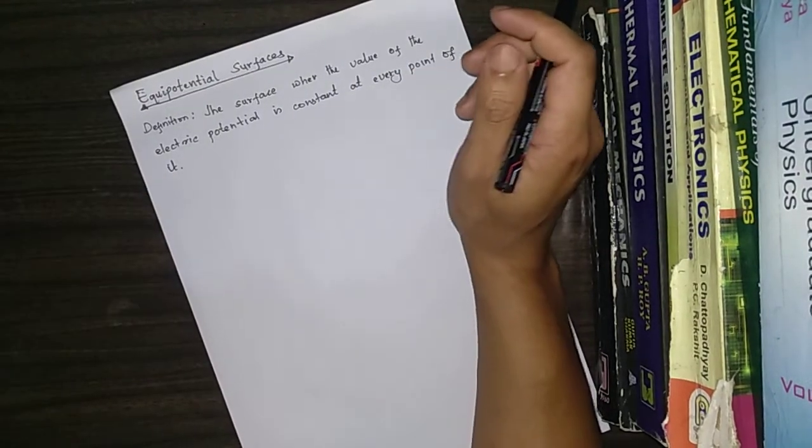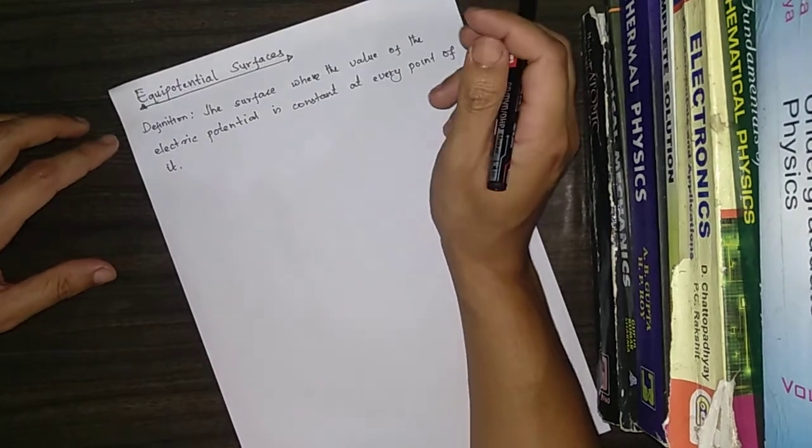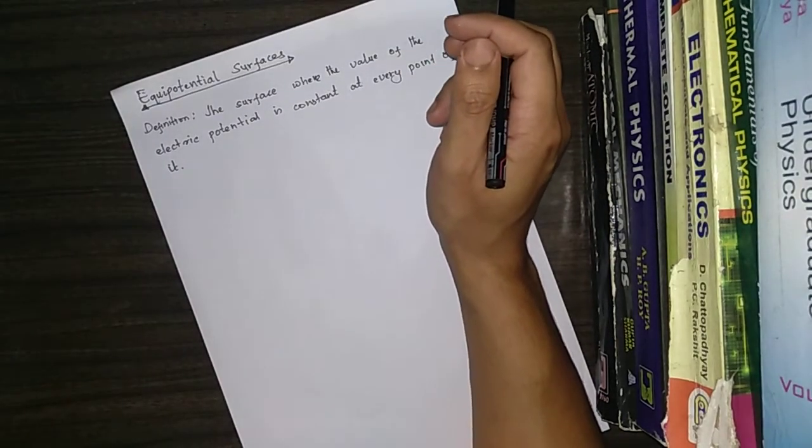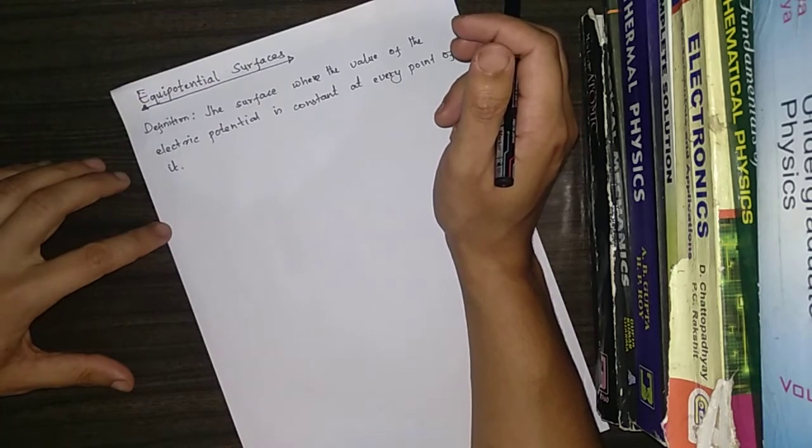So basically equipotential surfaces are the surfaces in which the value of the electric potential will be constant at every point on its surface.